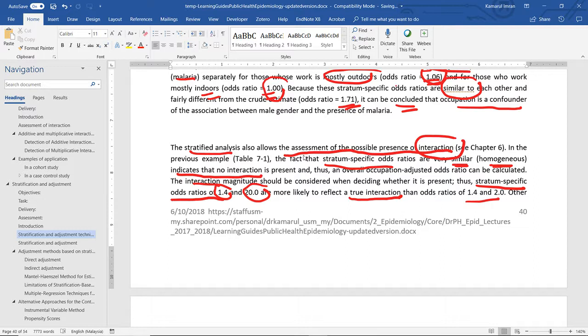In this example, it is quite clear cut, but in other situations you might have to think whether the differences in the stratum-specific odds ratios are big or not.